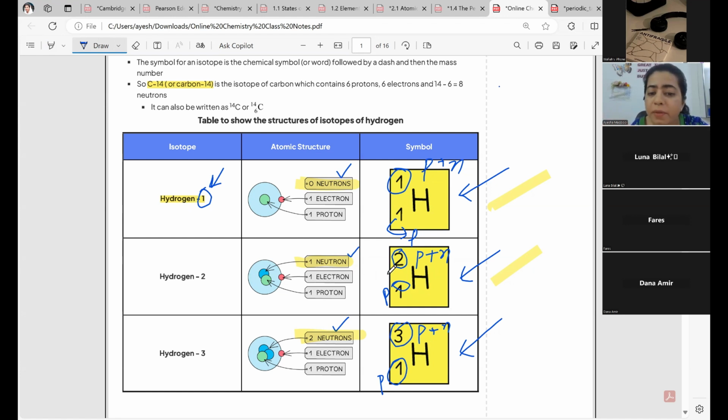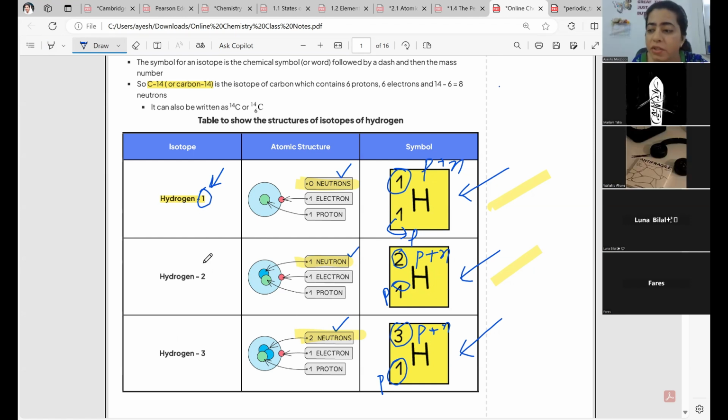The second hydrogen will be known as hydrogen-2. Again, this 2 is the big number, the mass number. The third isotope of hydrogen will be hydrogen-3. Here, this 3 is the number of protons and neutrons together, the mass number. Like this, we can write their names.